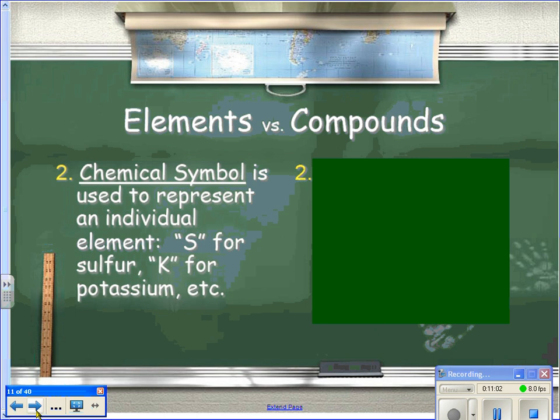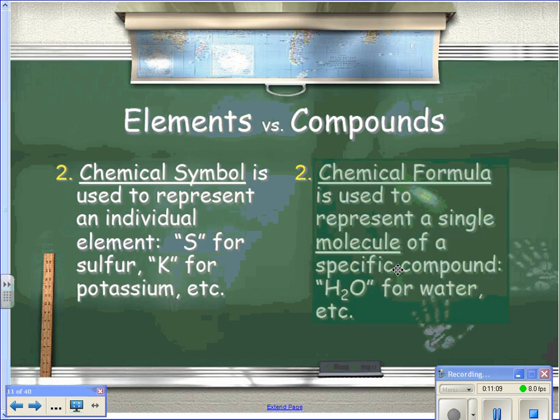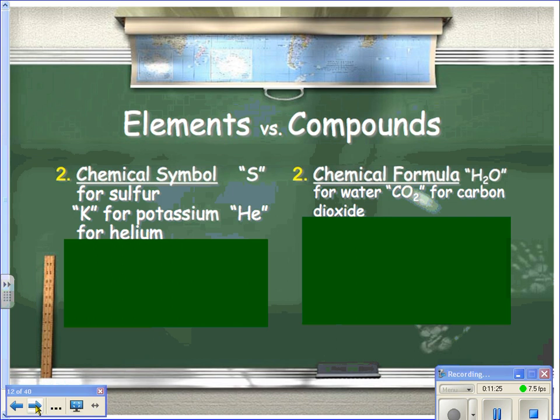Elements versus compounds. A chemical formula is used to represent a single molecule of a specific compound, H2O for water, etc. Elements versus compounds continued.